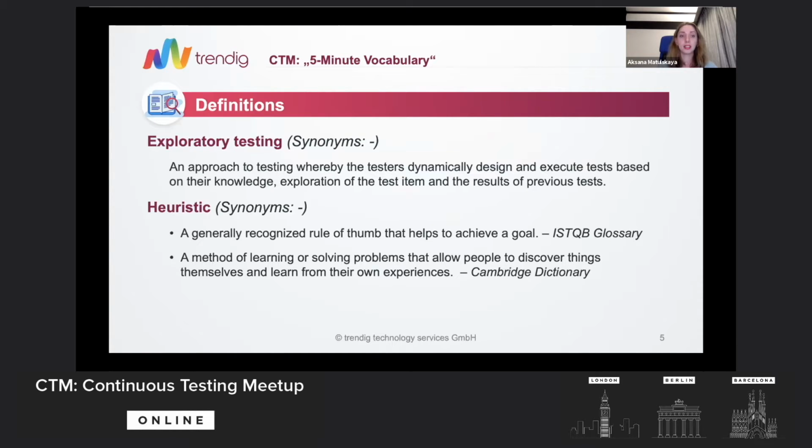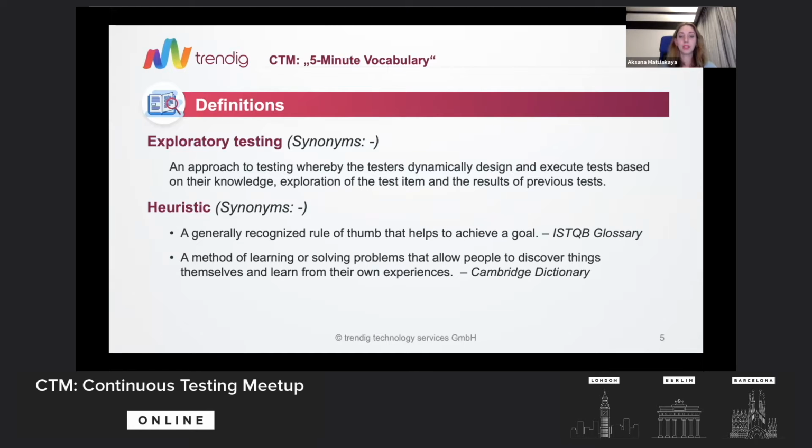The next definition for today is heuristic. I found two definitions, one based on the ISTQB glossary and another one from the Cambridge Dictionary. The first definition: a heuristic is a generally recognized rule of thumb that helps to achieve a goal. You can find this definition in the ISTQB glossary.